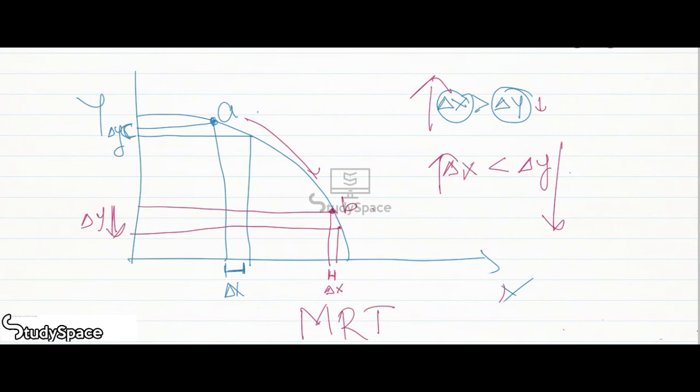And the basic formula for MRT is change in X over change in Y. Now let's leave it as homework for you guys to explain the connection between the marginal rate of transformation and the concept of opportunity cost, which we covered in the last video. Okay, so now moving on.